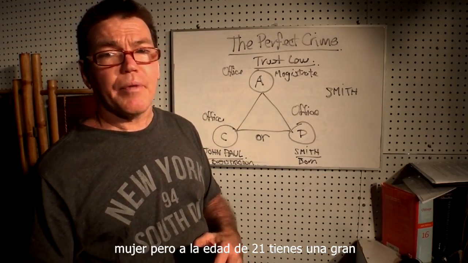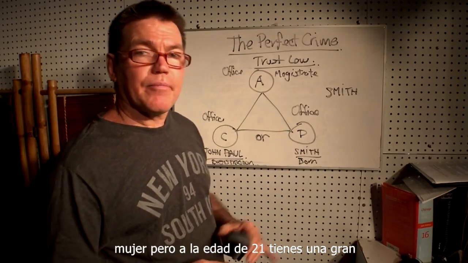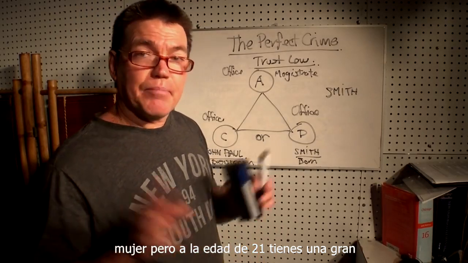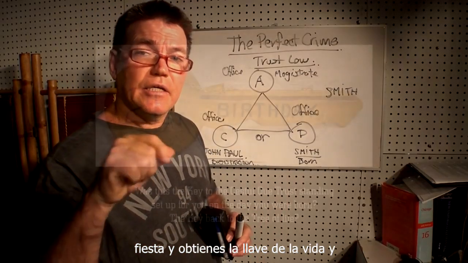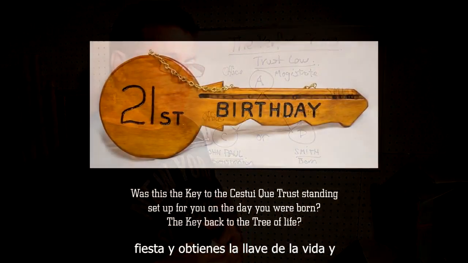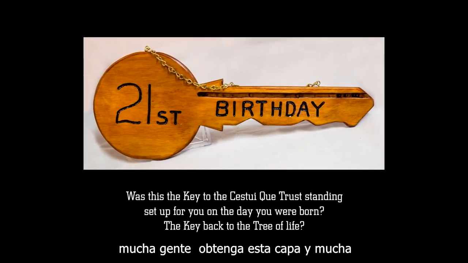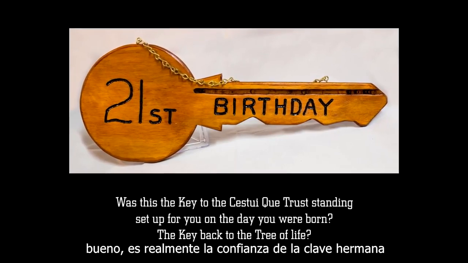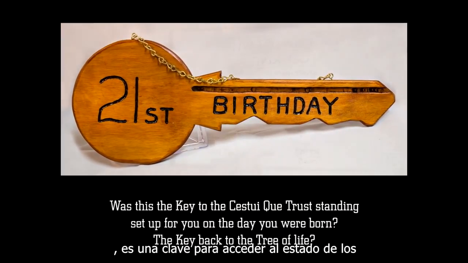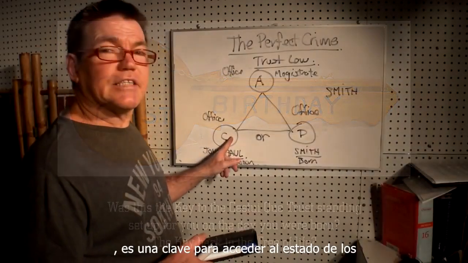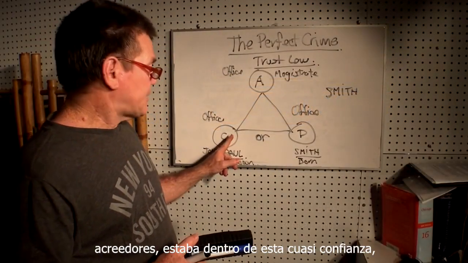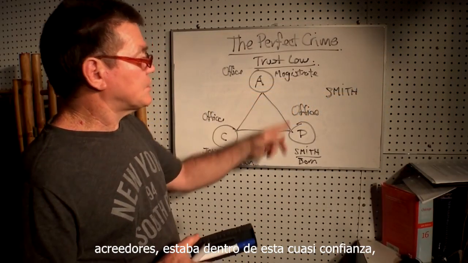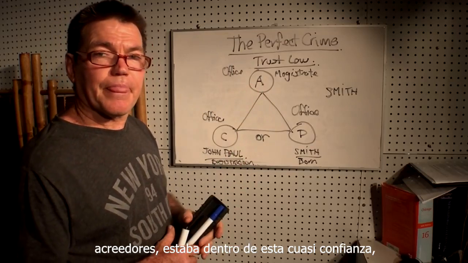But on the age of 21, which is the age of majority for a man, I think it's 18 for a woman, but the age of 21, you have a big party and you get the key to life. And a lot of people get this key, but a lot of people don't understand what the key's all about. Well, it's really the sister key trust. It's a key to access the creditor standing inside this quasi trust.